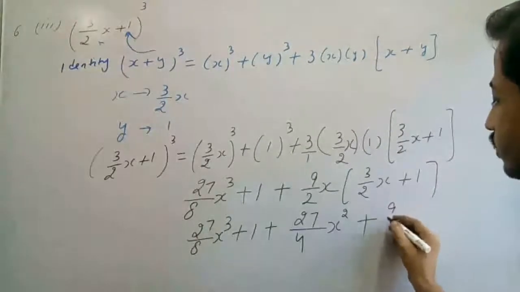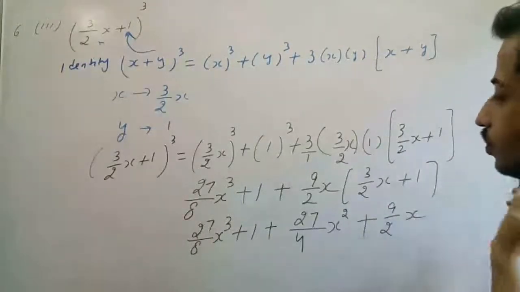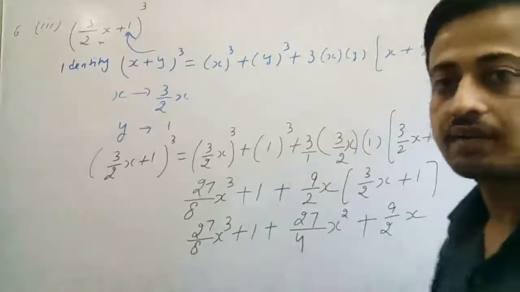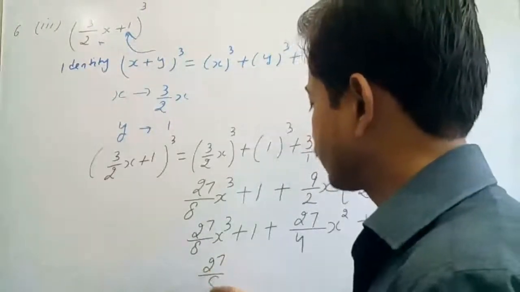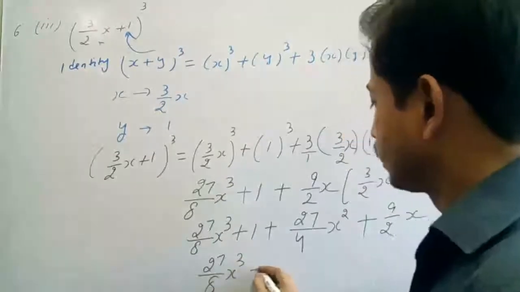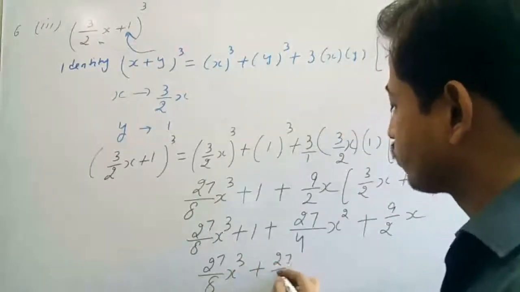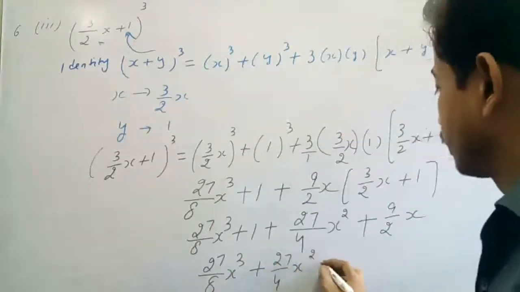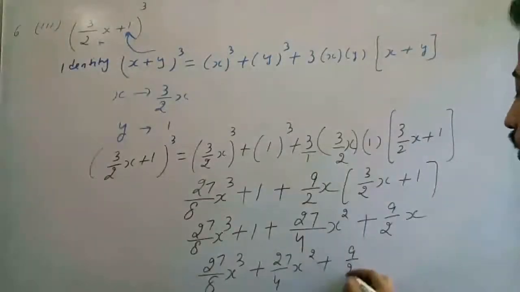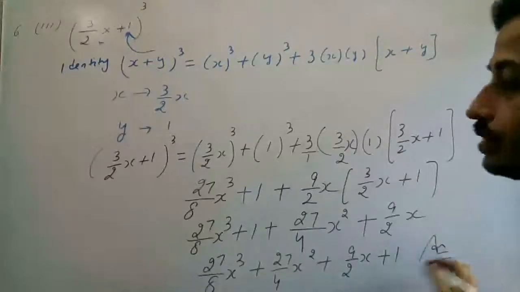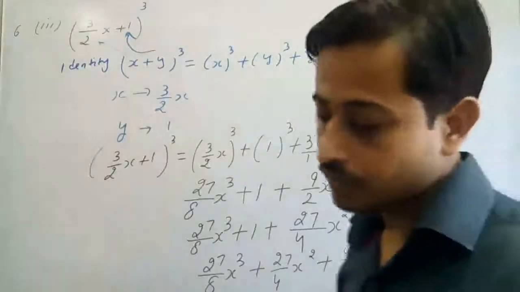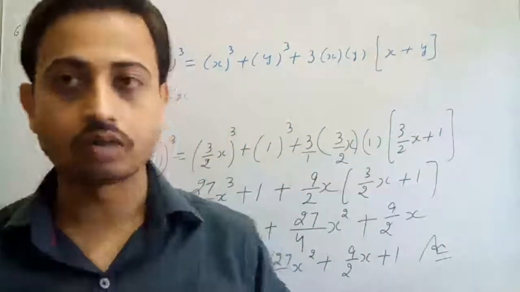So we get 9 by 2 into x. Now write in proper order. So the answer is 27 by 8 x cube, 27 divided by 4 x square plus 9 by 2 into x plus 1. This is the answer. It's very simple, so please make a note.